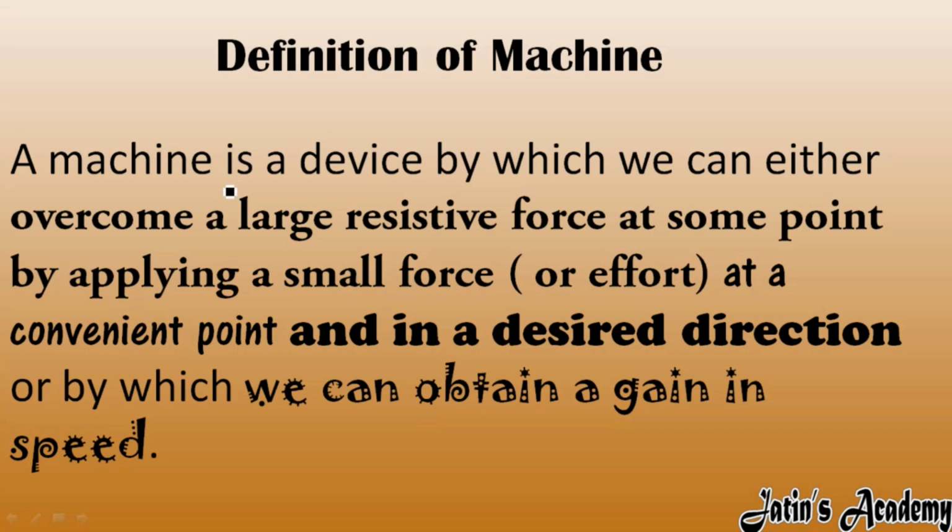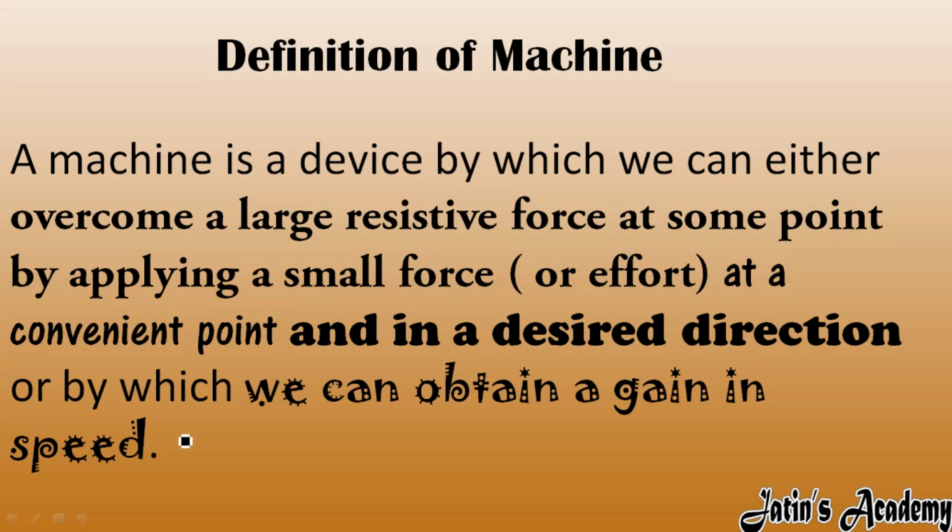So a machine is a device by which we can either overcome a large resistive force at some point by applying a small force. This small force, or force applied by the human on the machine, is called effort. At a convenient point, where it is convenient for a human being, there the human being will apply the force and we get the result, or we apply the force in a desired direction where it is convenient for us, and by which we can obtain a gain in speed.